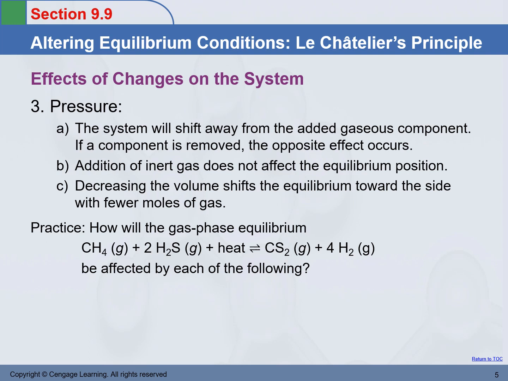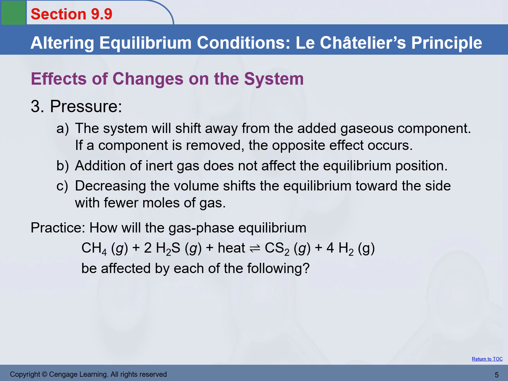So we have learned a few changes to an equilibrium that will affect the equilibrium position. We learned addition and removal of some components. We learned temperature change. We learned pressure and volume change. So let's use this example to go through all of this. We have an equilibrium on the left.